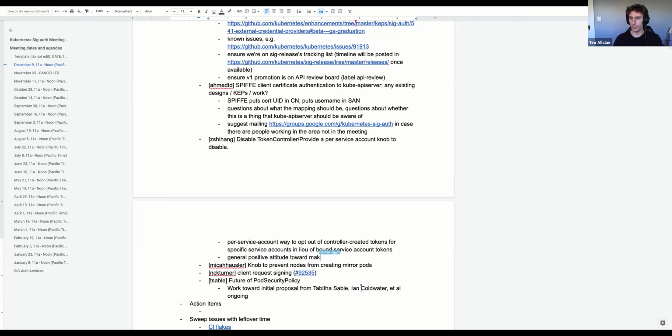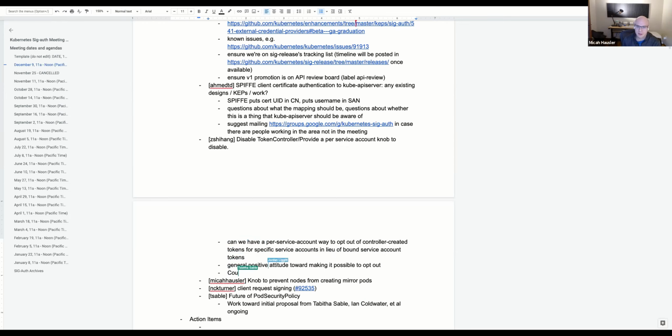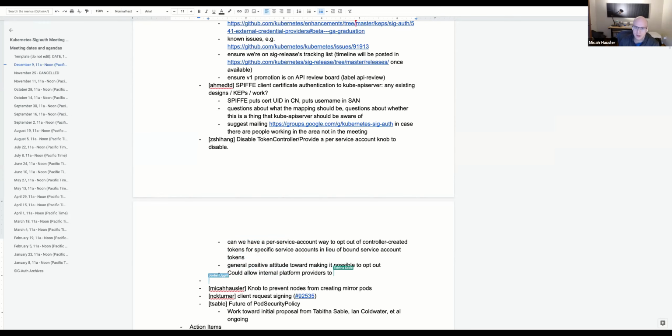Micah, you're up. Hey, yeah, so I have been doing some thinking about threat modeling on Kubernetes and how nodes can create mirror pods and how that is a known attack pattern. I think Tim, you and Greg talked about this at KubeCon last year.